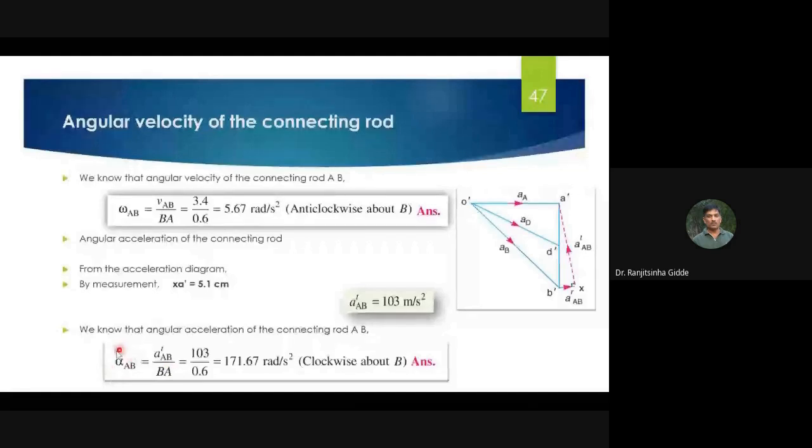So wherever alpha is given, then there will be two components, and to get that component we need to put the value of this ATB. Or vice versa, if alpha is given, then in that case what will you do? ATAB is equal to alpha AB into this.